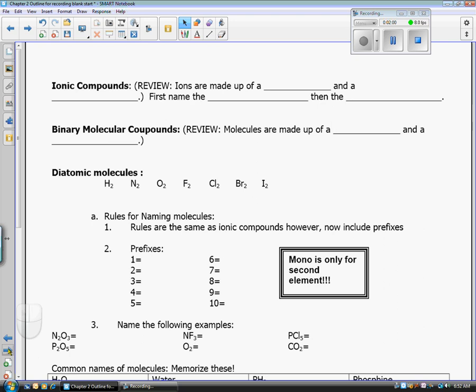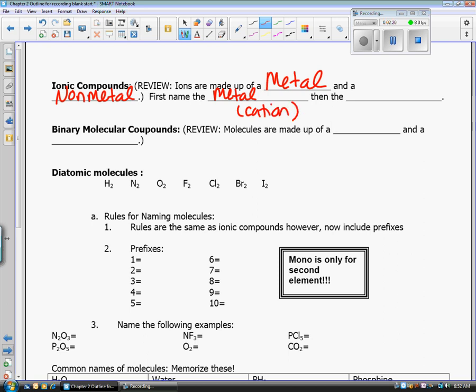Ionic compounds. Now, an ionic compound is made of a metal and a non-metal. So first you're going to name the metal, or the cation. And then you're going to name the non-metal, or the anion.